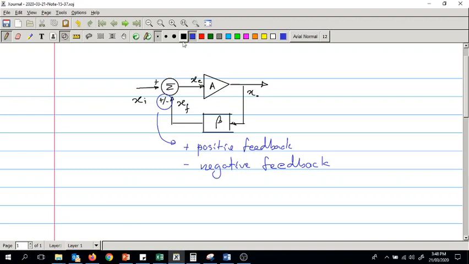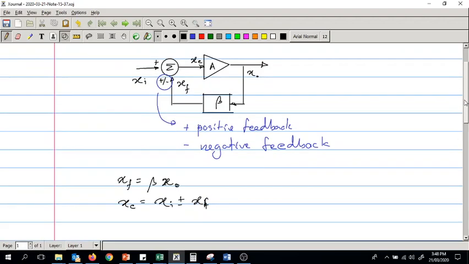Let's start from the basics. xf is equal to beta into x out, and xe, the error, is xi plus or minus xf: plus if positive feedback is used, minus if negative feedback is used. Thirdly, we have x out equal to A xe.